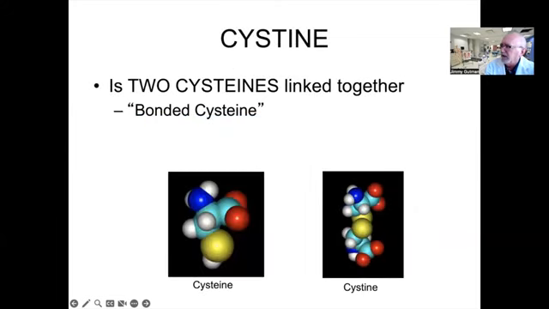Let's also look at another amino acid, cystine. Again, please note the difference in spelling and pronunciation compared to cysteine. Cystine is 2 cysteine molecules linked together by a disulfide bond. This makes cystine a source of cysteine. I'll say that again. Cystine is a source of cysteine.